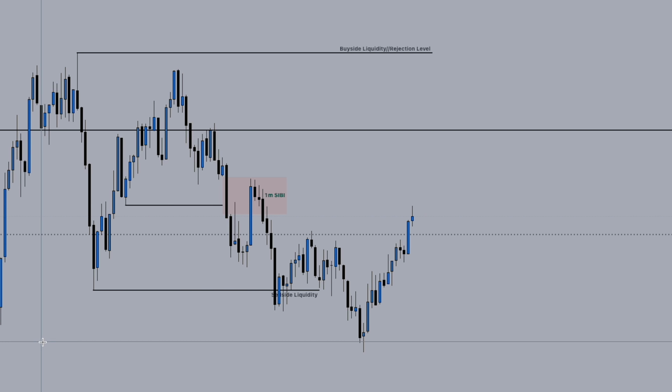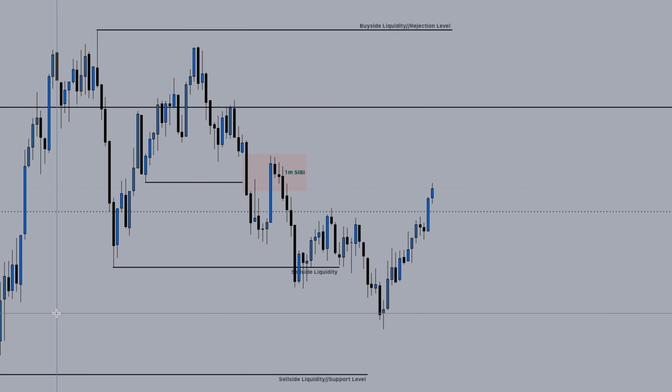And so right here, I've denoted this as, in the ICT or the smart money trading community, I guess you want to say, we would look at these levels where price, like for instance, sell side liquidity, where price will come to and leave. A lot of support and resistance traders will look at that as a support level where price comes, bounces off, goes higher.